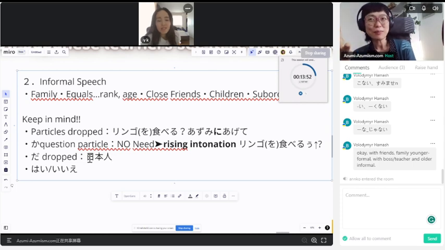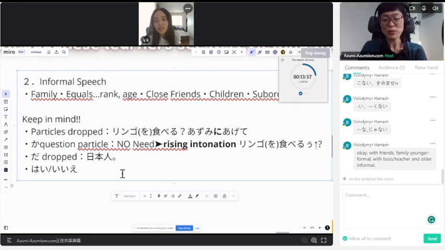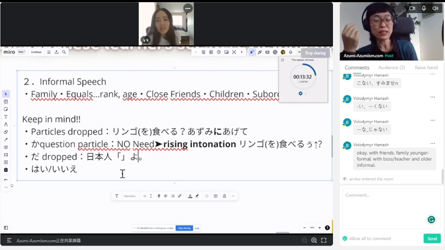So for Japanese people, when it comes to informal speech, we don't finish sentences with just 日本人. We rather add an ending particle. For example, よ. あずみさんは日本人. Then you feel like using the yo particle. And what do you have to do? 日本人だよ. If you want to say 日本人 plus ne particle, what do you have to do? 日本人だね. So this is the occasion you're going to use that.